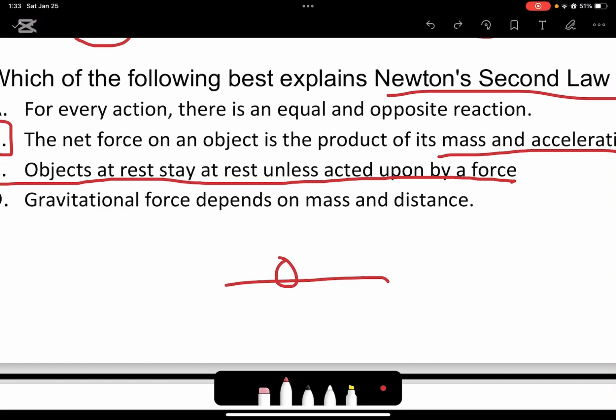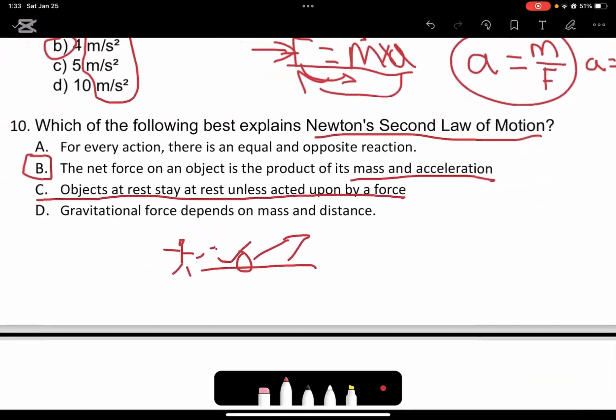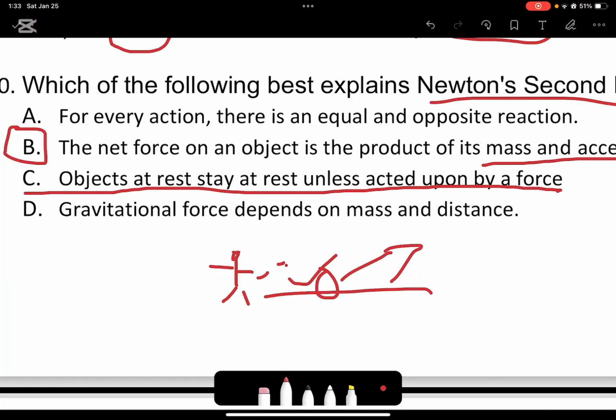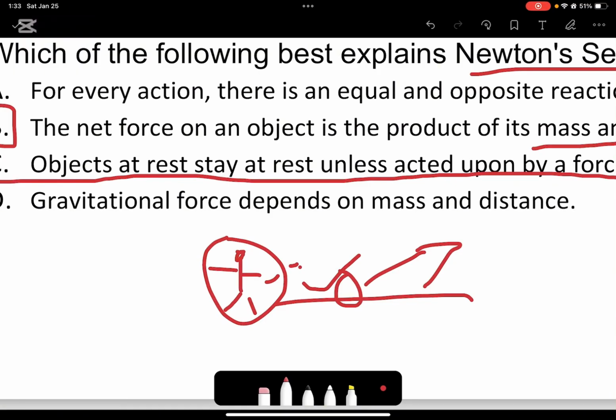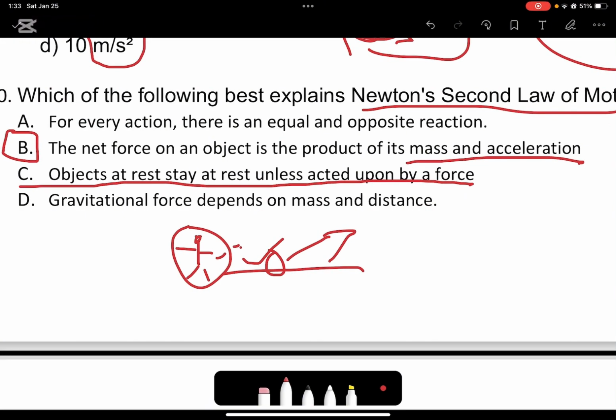And imagine a guy comes running and shoots the ball. So now it's not at rest, it's accelerating, going up. That means that objects at rest stay at rest unless acted upon by a force. This little guy is acting on the ball with the force of his legs. So this is the first law.